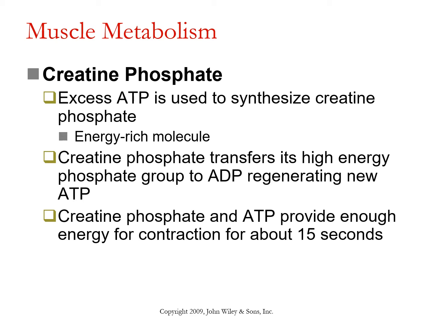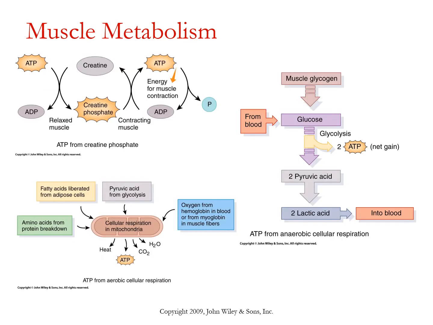So again, creatine phosphate and ATP can provide enough energy for contraction for about 15 seconds, which is shown here on the left. Okay, the transfer of that high energy phosphate group from creatine phosphate to ADP to form ATP, or when ATP is in excess, the high energy phosphate group can be transferred to creatine to form creatine phosphate as a storage form of the energy.